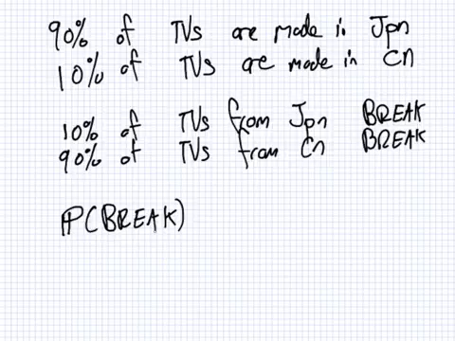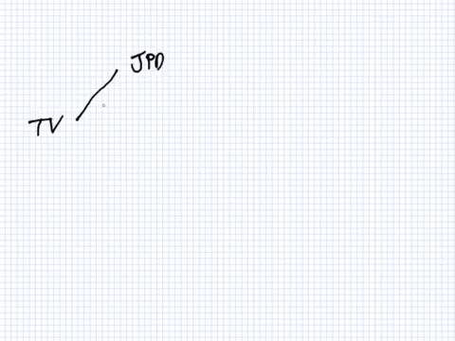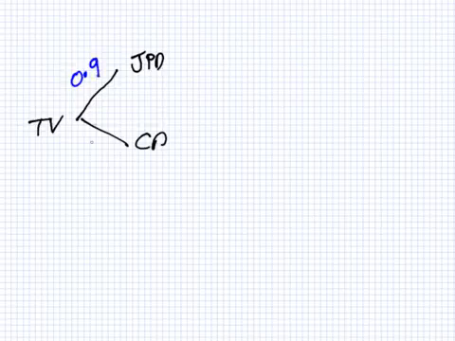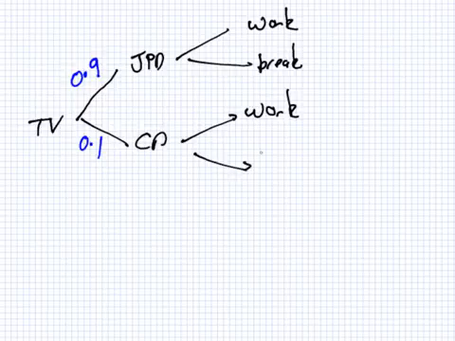Okay, so let me draw the tree first. So we have our TV, and either it's from Japan or it could be from China. Now, we know that 90% of TVs are from Japan, so that means 10% are from China. And then it can either continue to work fine, or it can break.